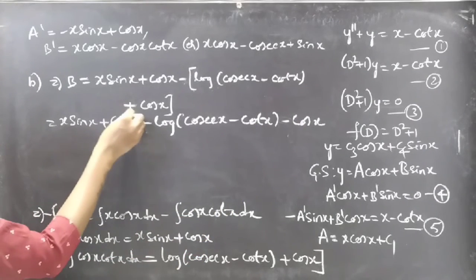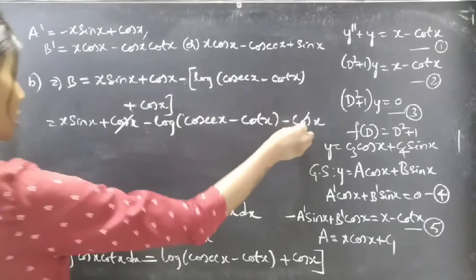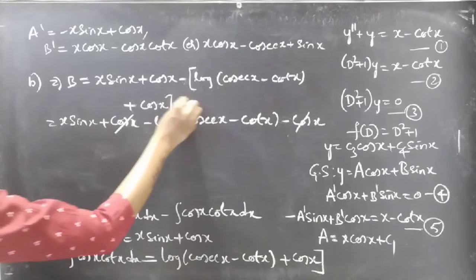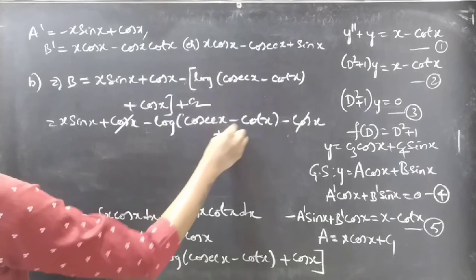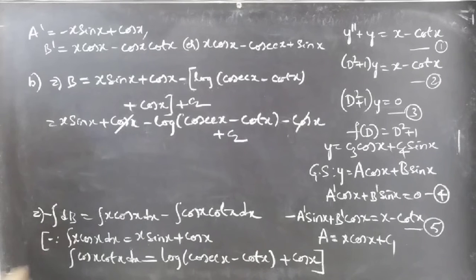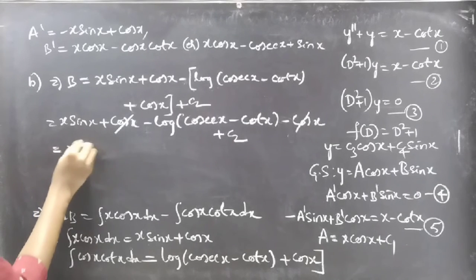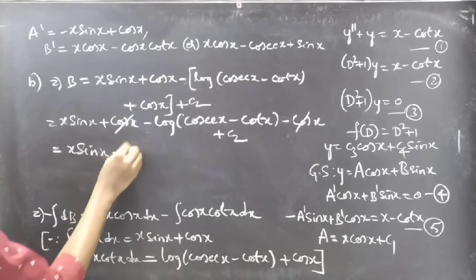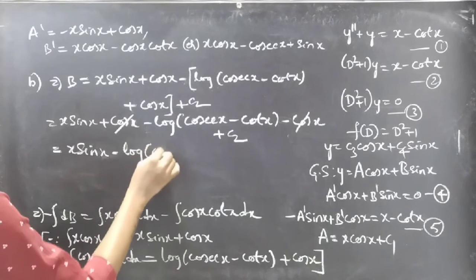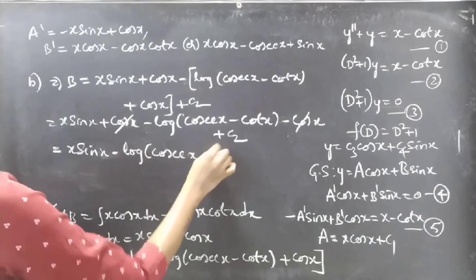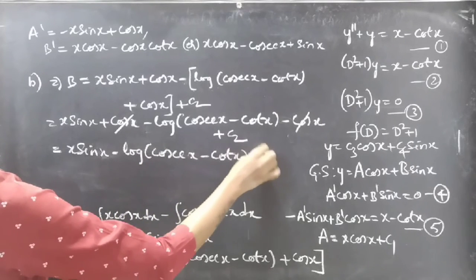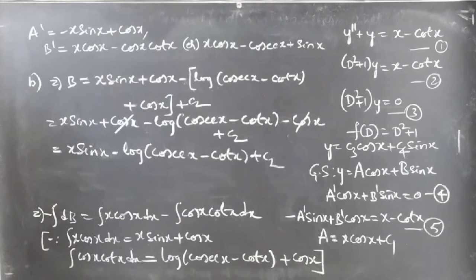So here plus cos x and minus cos x get cancelled, and here we need to write the integral constant, say some c2. This gives us x sin x minus log of cosecant x minus cot x plus c2.